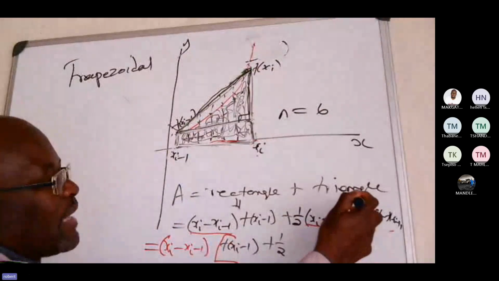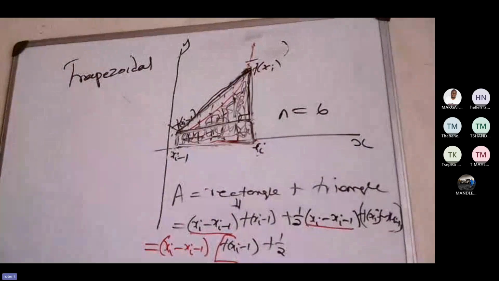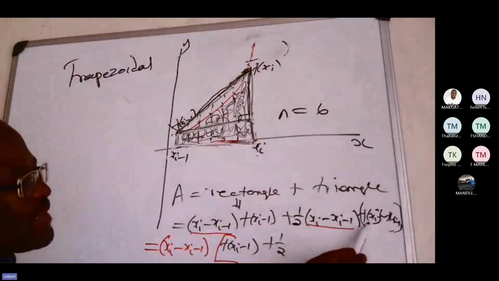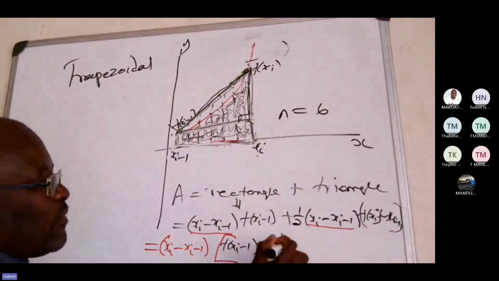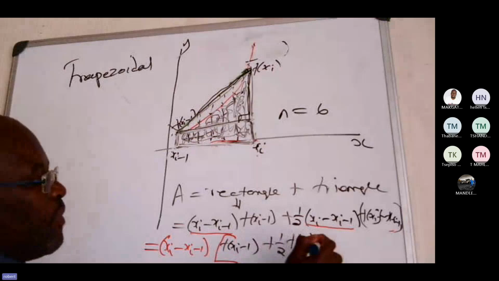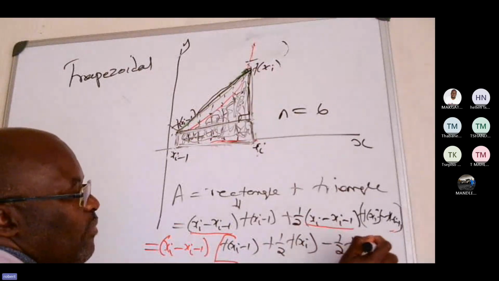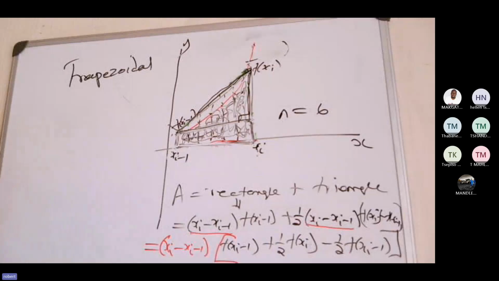Remember, this is multiplied by everything. It will now be half of f of xi minus half of f of xi minus 1, then close brackets.